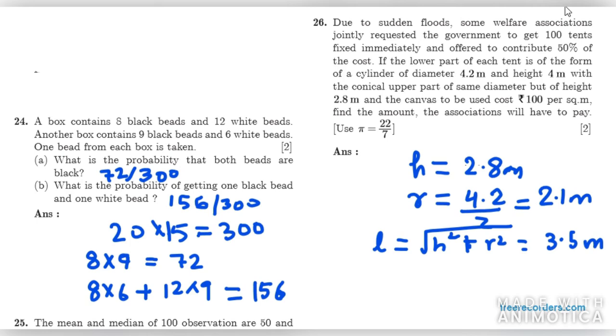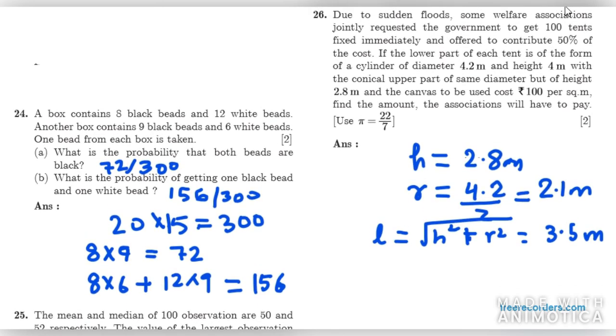Now we need to find the surface area of the tent. So the surface area of the tent will have 2 pi r h, that is for the cylinder, and on the upper part we have a cone which has pi r l. So 2 pi r h plus pi r l.